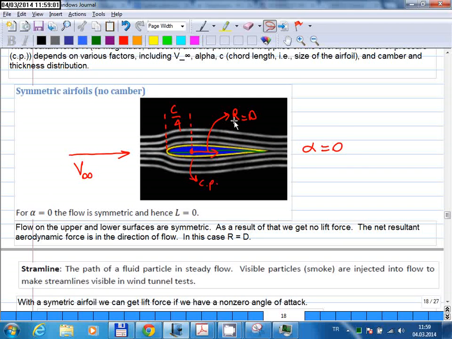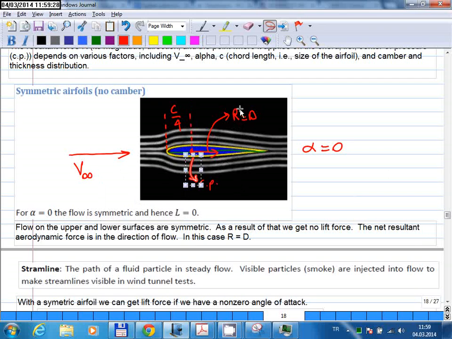If you have such a symmetric case, then the pressure distribution will be symmetric as well. In that case, the pressure on the upper surface is just a mirror image of the pressure on the lower surface. But still there will be a drag force. So that means the resultant force vector will be parallel. So this is your R vector. And there will be no vertical component.